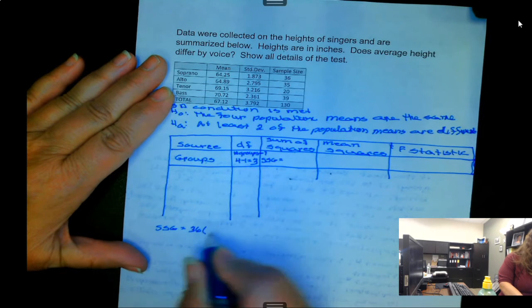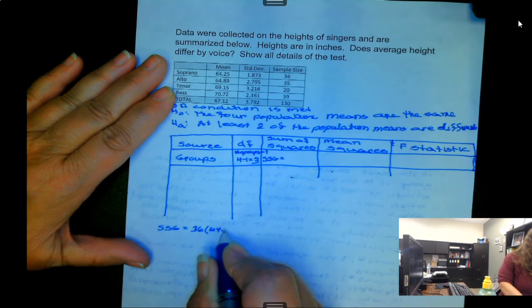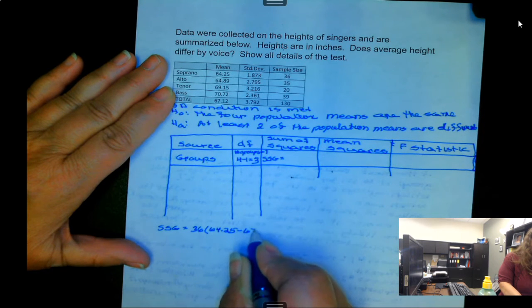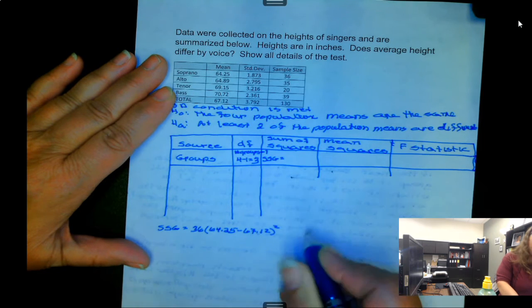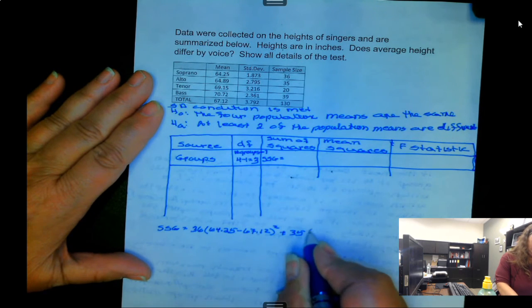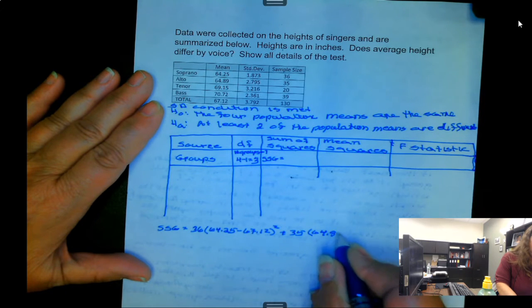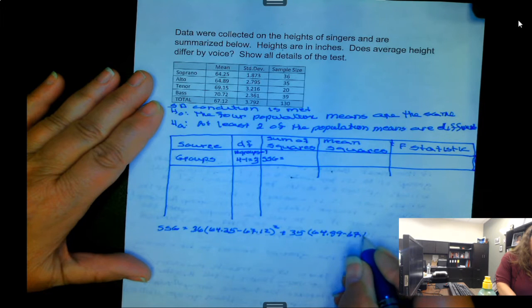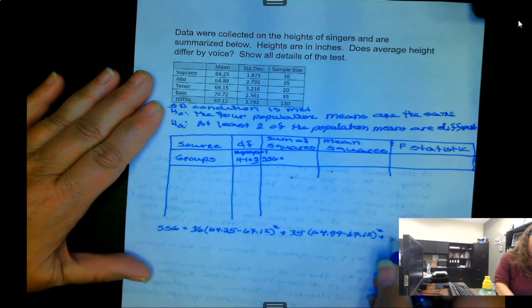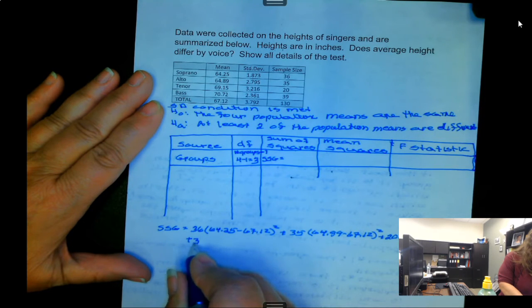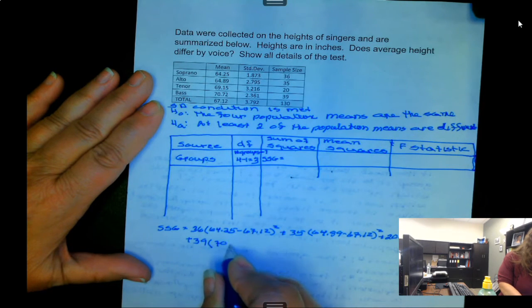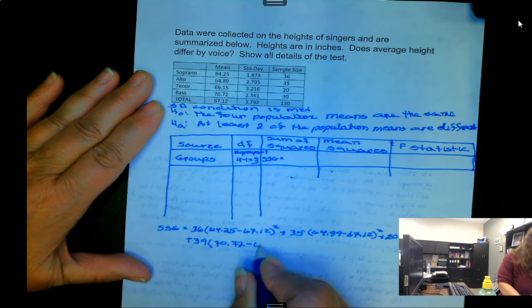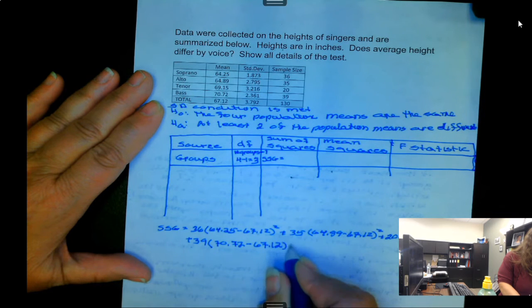So we have 36 times 64.25 minus 67.12 squared, plus 35 times 64.89 minus 67.12 squared, plus 20 times 69.15 minus 67.12 squared, plus 39 times 70.72 minus 67.12 squared.